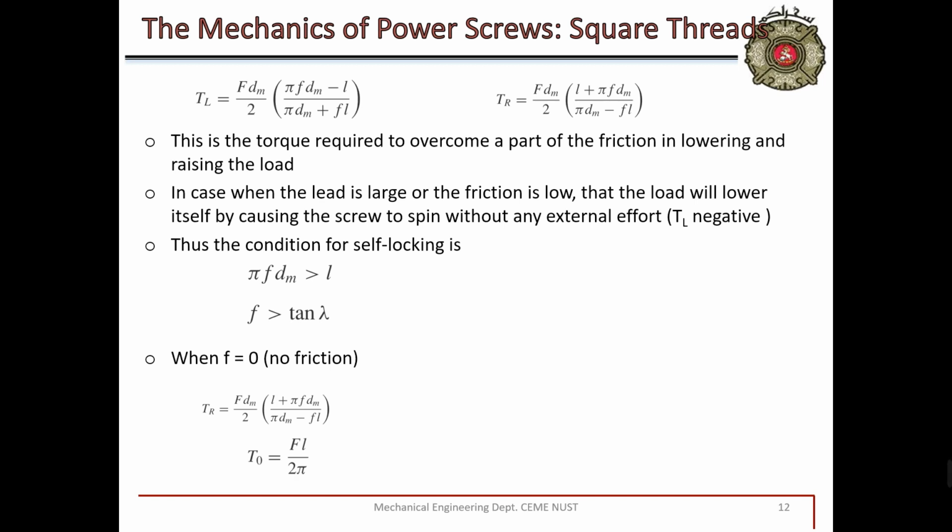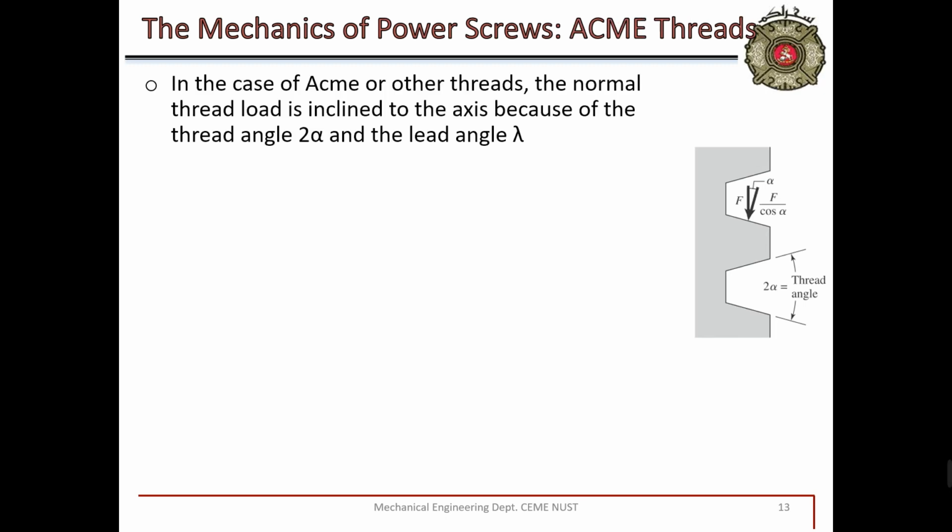We should have a minimum amount of torque to raise the load. This is T naught, and because friction is never equal to zero, the actual torque TR is greater than T naught. We can calculate efficiency, which is equal to the ideal torque T naught for a frictionless system over TR for the actual system.